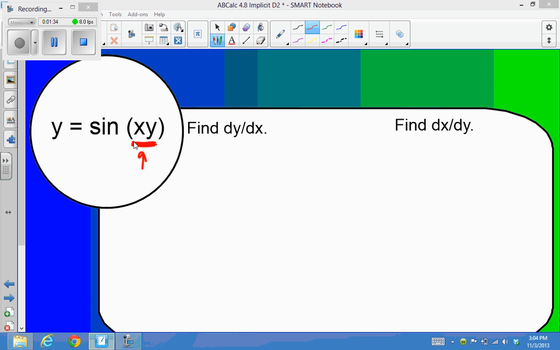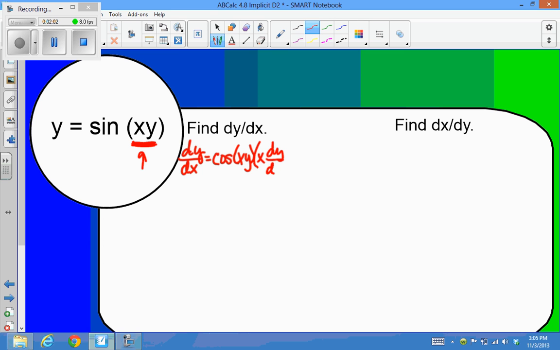So, finding dy/dx, take the derivative of y, and we get dy/dx equals, derivative of sine is cosine, and remember when you do the chain rule, everything inside stays the same. You're taking the derivative of the outside function first, inside stays the same. But then, by the chain rule, we got to do our product rule here. So it's my first times my derivative of the second plus the second times the derivative of the first.